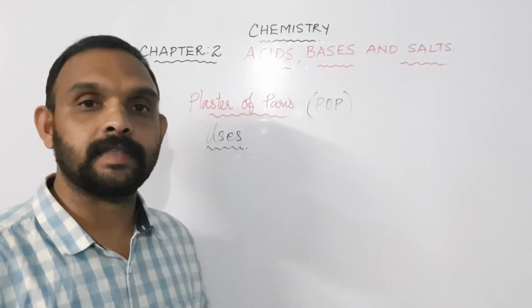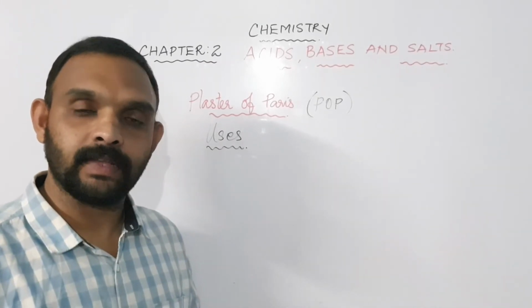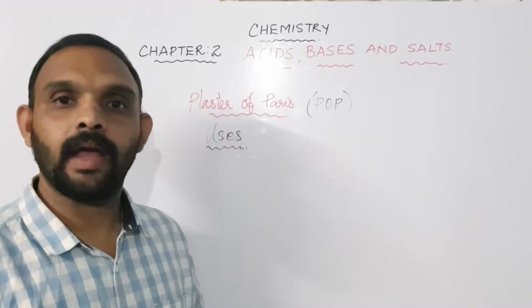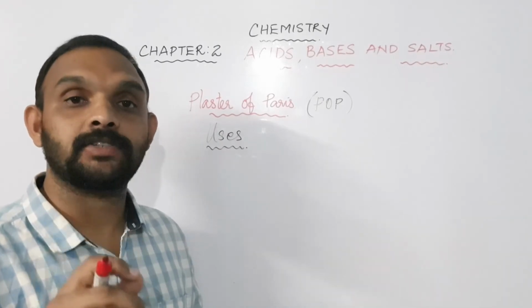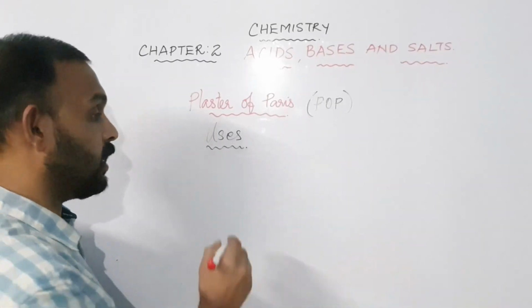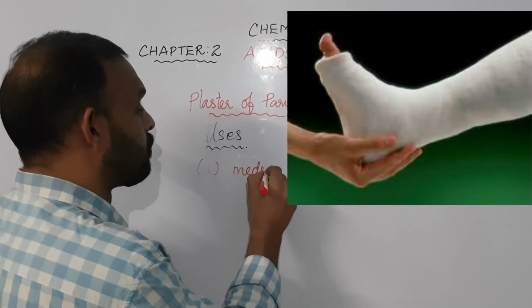Another use is that it is used for making molds for toys, ceramics, etc. And another use is that it is used for making plasters. That is very important. In the medical industry, it is used for making plasters.